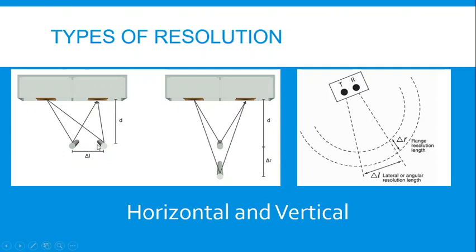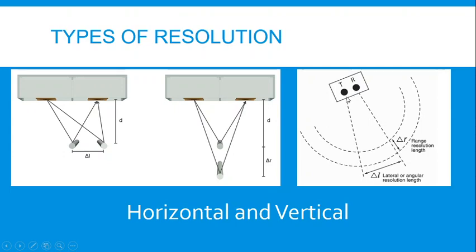And the same goes in this case: as this delta L decreases, the ability of the GPR interpreter and GPR itself decreases, so that they won't be distinguishable. On the right hand side, you can see the transmitter and receiver. This unit represents the GPR together.